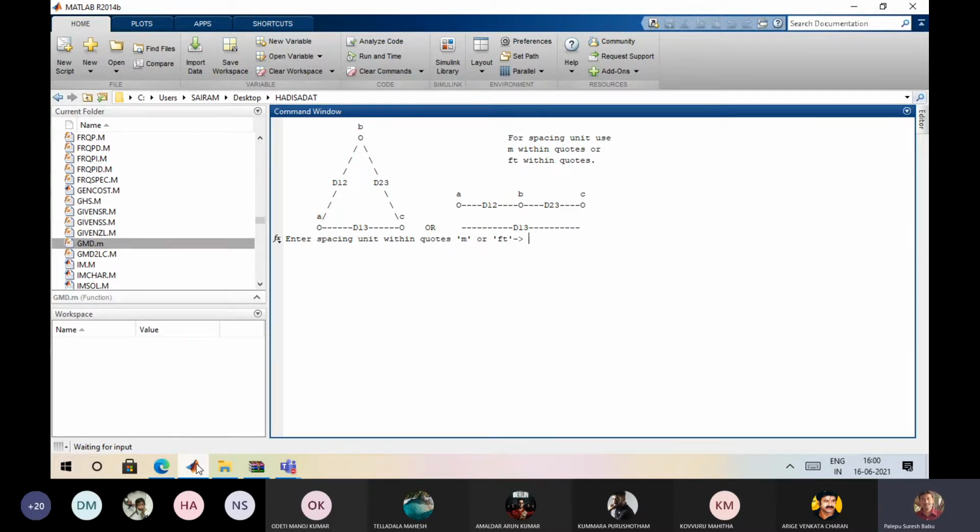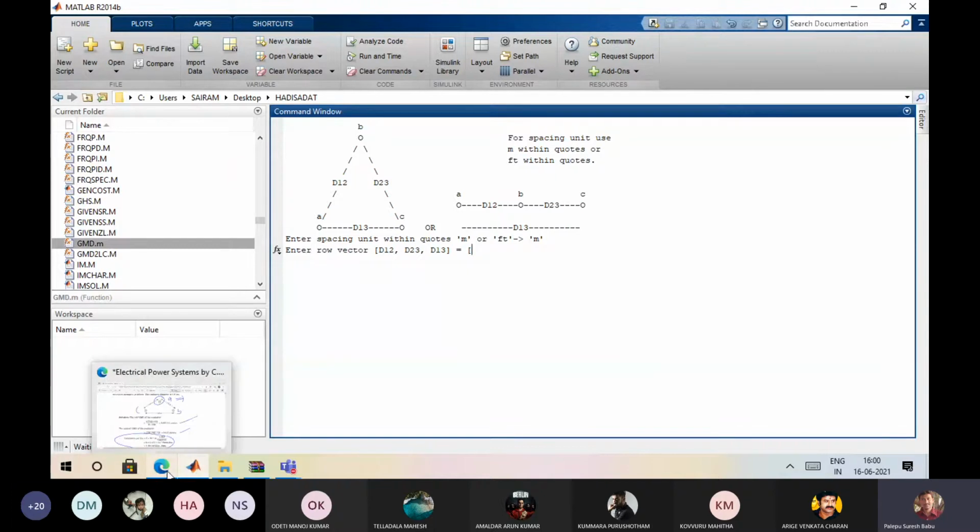First we select to enter the values in M. Now we have to give the value for D12. In this configuration, A to B is considered as D12, as we can see in this diagram.